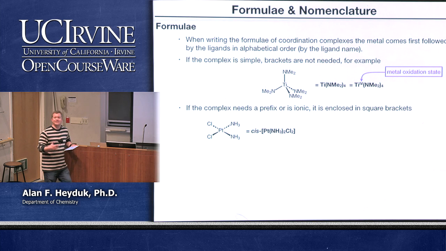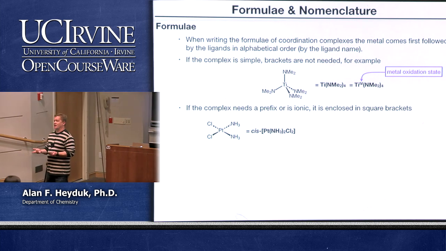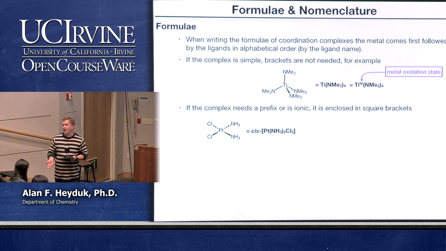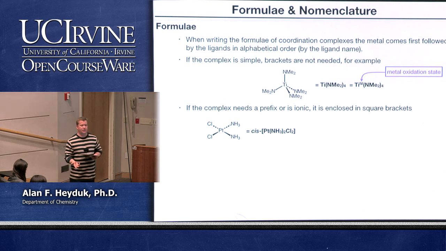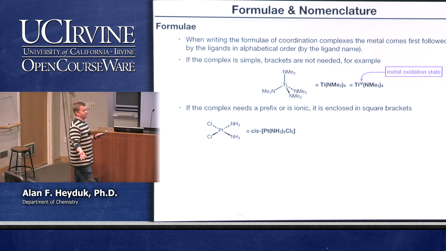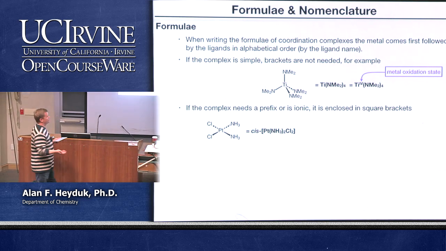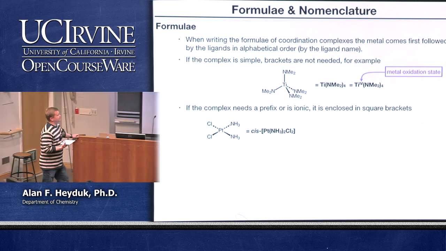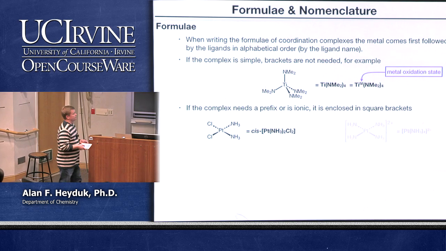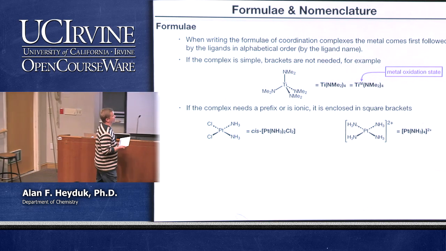You only need one cis because a schooled inorganic chemist will know that this compound has to be square planar. And if the chlorides are cis to one another, then by definition, the only 2 spots left to the ammonia ligands are cis to one another. So you don't need cis, cis, platinum, diammonia, dichloride. You just need the one cis. Same thing. Oh, so another example now for a dication.